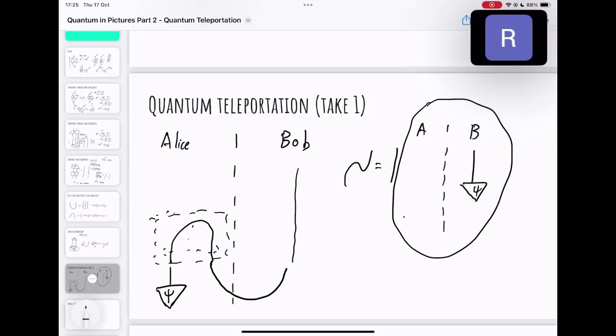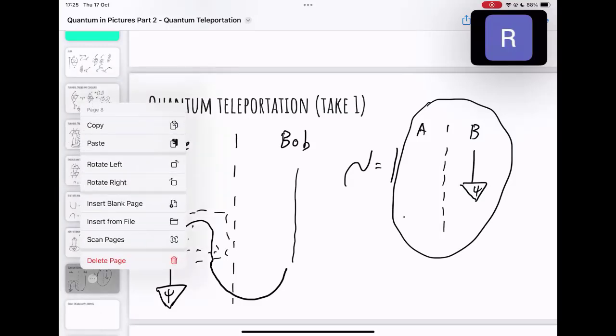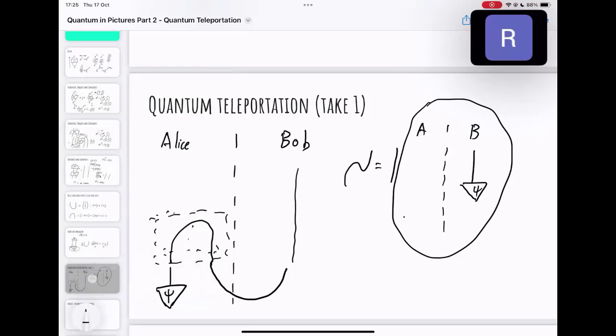So far this is all very abstract, so it doesn't really mean much because it's just a picture.